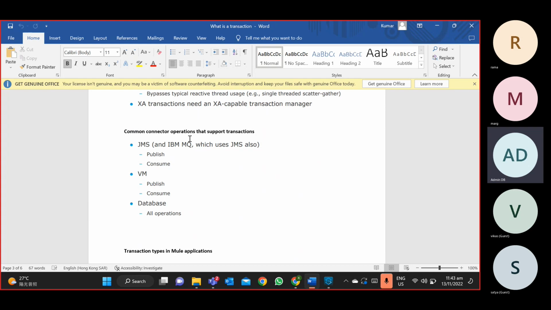So again, the amount will be 50,000. So in this kind of scenario, whenever you find you must roll back the previous transaction, if the end-to-end transaction will not be completed, then you should configure this XA transaction.